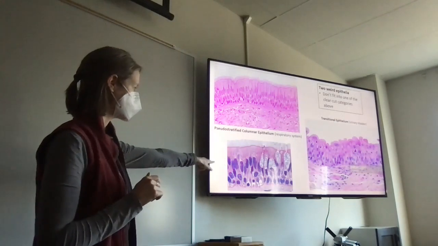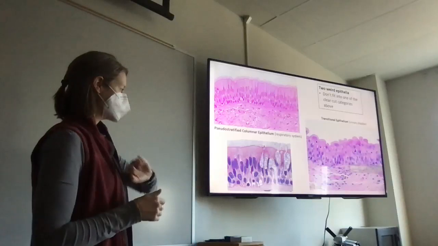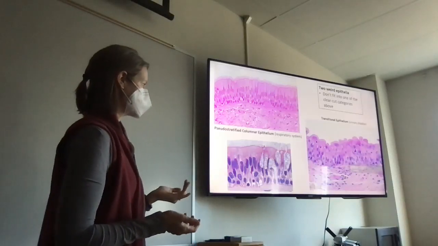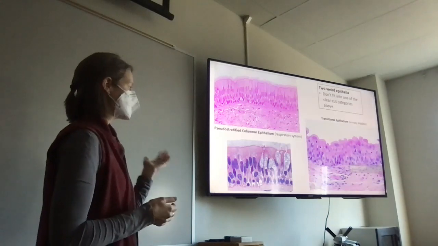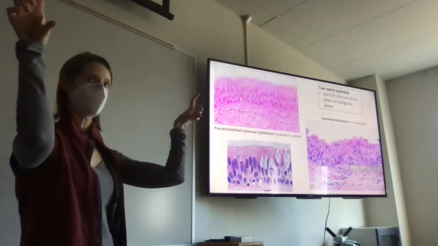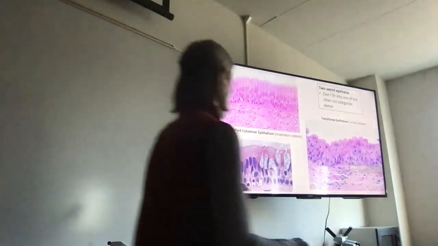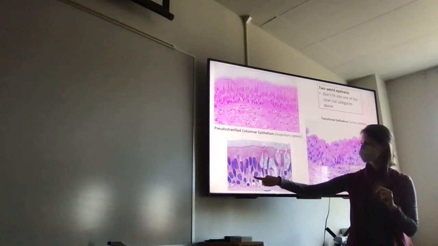So you see all the nuclei at differing heights. So you would kind of guess, oh, this is layered, but really, if you have a decent enough picture, you'd be able to tell that it's not one layer on the bottom and then a separate layer on top. It's actually just all these different size cells, some of which reach to the top and some of which only reach to here.